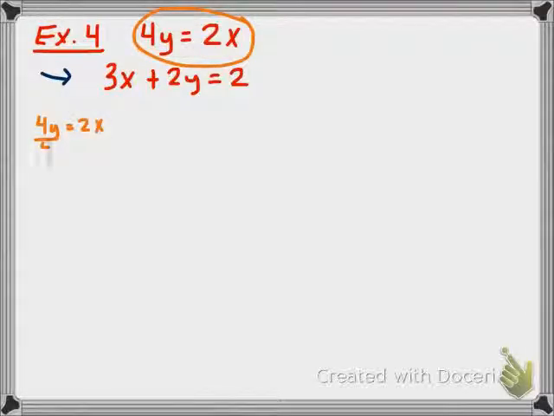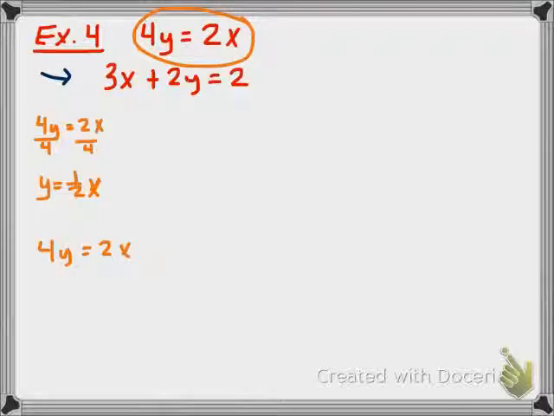If I solve for y, I have to divide by 4, and I end up with y is 2/4. In this case, 2/4 reduces to 1/2 x. Correct? But that's a fraction. Do we really want fractions? Not really, unless it's extremely necessary. How about we do it the other way? How about we get 4y is equal to 2x, but solve for x in this case.